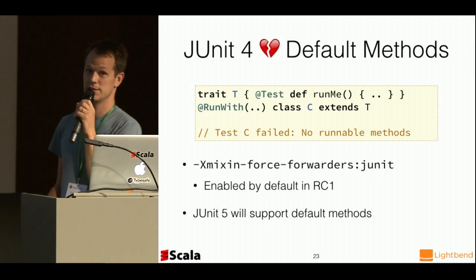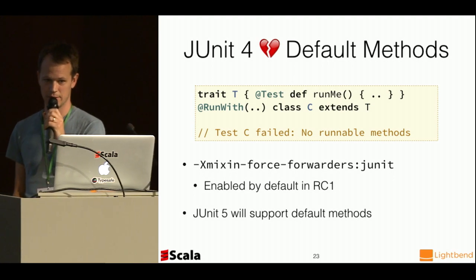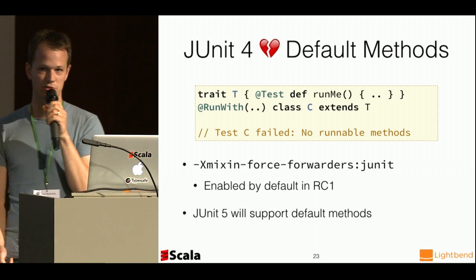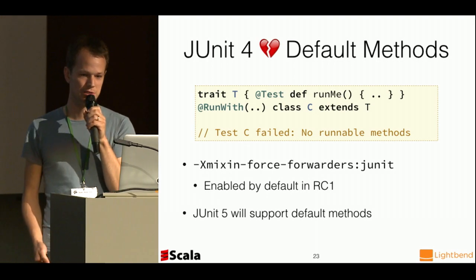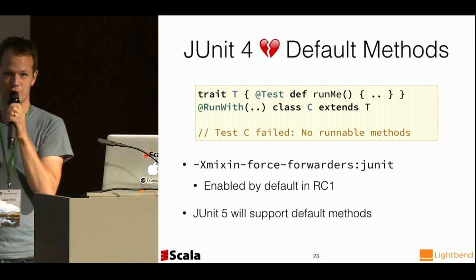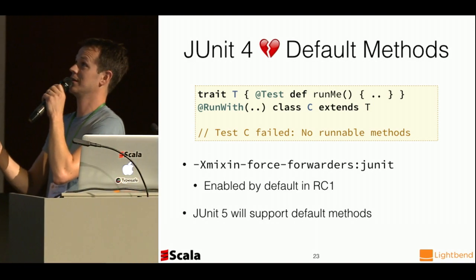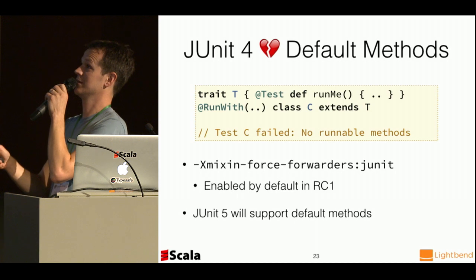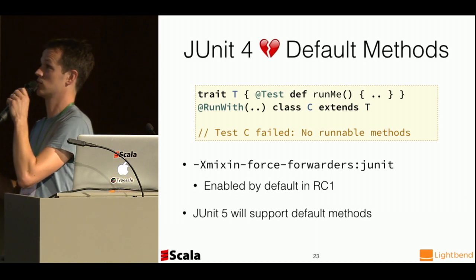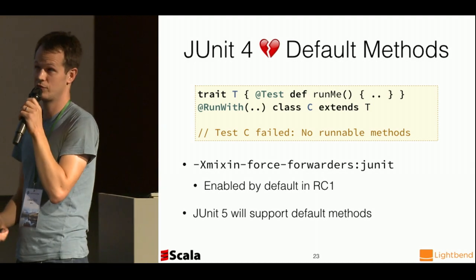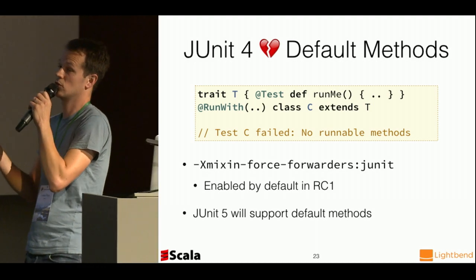Okay, another case where we need static forwarders in bytecode in Scala 2.12 is JUnit methods. This is a special support that we built into the compiler after a few discussions. The problem is that if you have a test method in a trait and then a subclass that extends the trait, JUnit 4 does everything through reflection, and it doesn't support default methods.